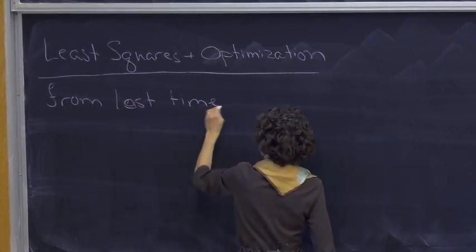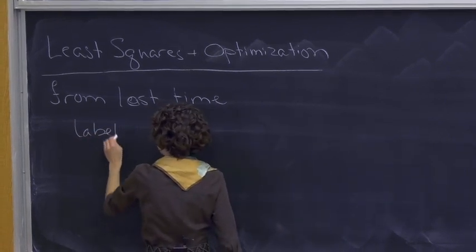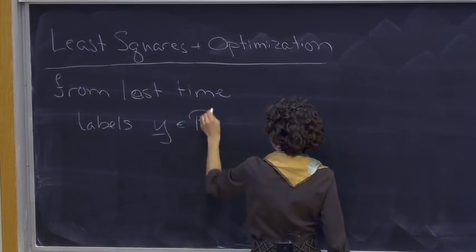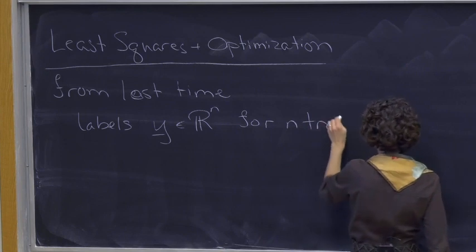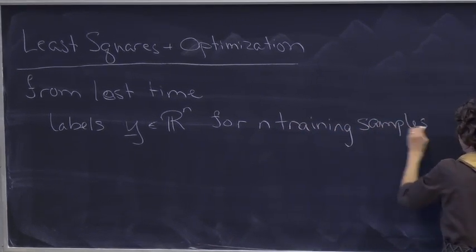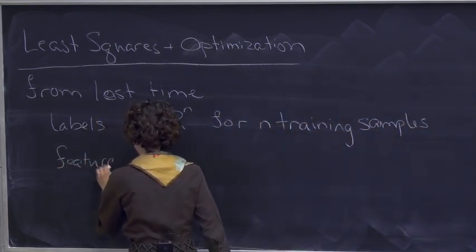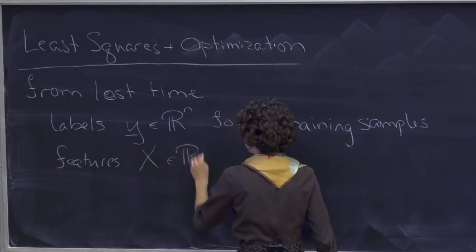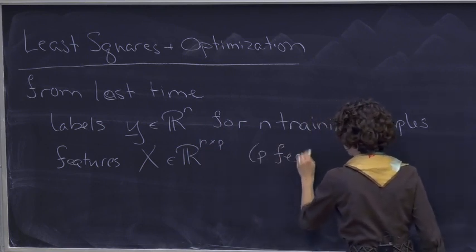So we started off by saying that we had labels that we store in a vector y, and it's length n for our n training samples. And we have features that we've put all in a big matrix X, and that matrix is n by p because we have p different features.